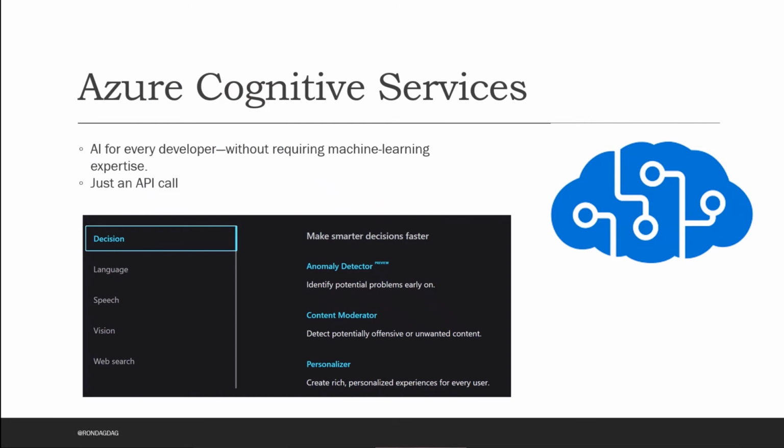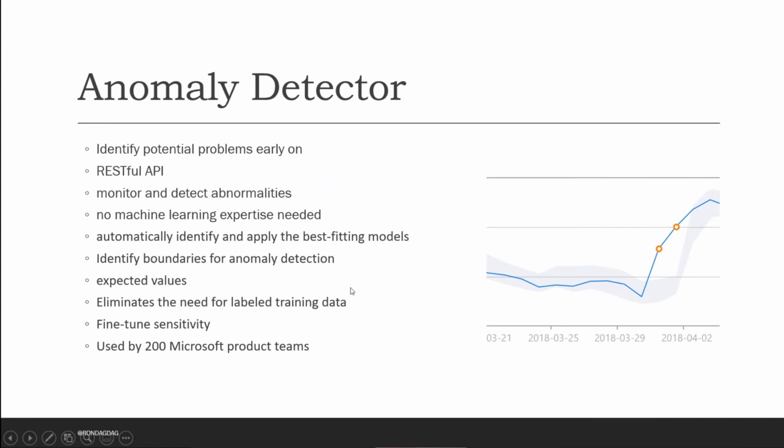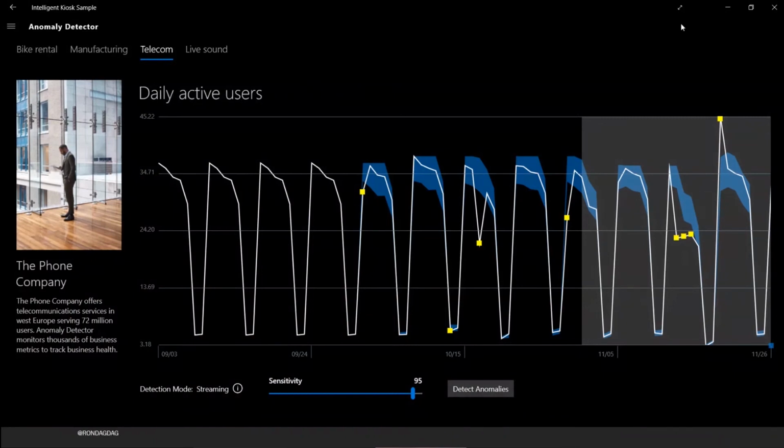Cognitive Services, I find, is the easiest way if you want to use anomaly detector. Azure Cognitive Services does not require any machine learning expertise. At the end of the day, it's just an API call, and the API is this anomaly detector. It's just a RESTful API, and it does not require tweaking values, which I did demo a part of in this kiosk.